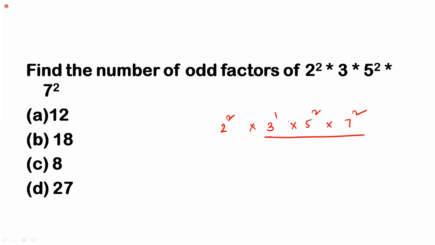Odd factors means focus on odd prime bases. 1 plus 1 is 2, 2 plus 1 is 3, 2 plus 1 is 3. Multiply these numbers, mark your answer. Answer is 18.